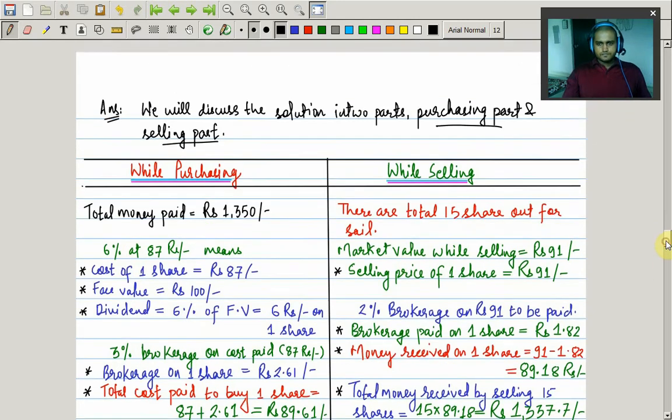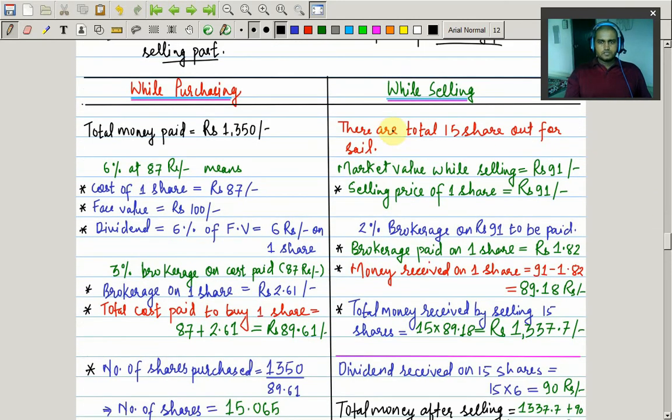While purchasing, the total money I have paid is 1350 rupees, and 6% at 87 rupees means the cost of one share.